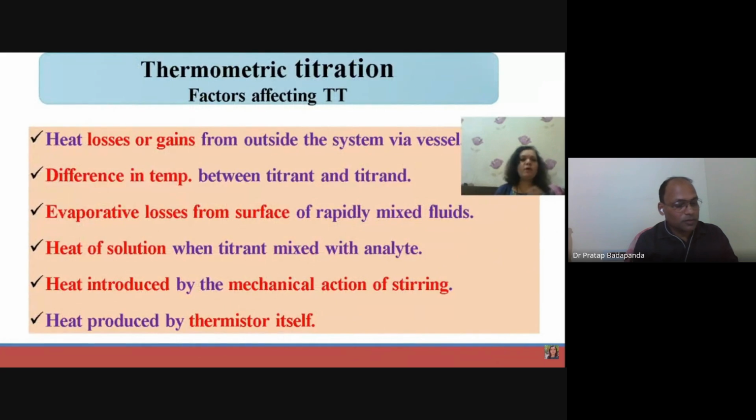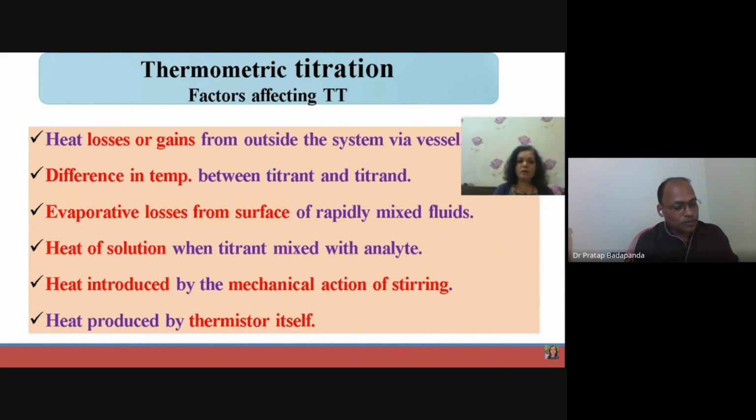Now, when I am performing this thermometric titration, which factors will affect my titration? Heat loss or gain from outside the system through the vessel, difference in temperature between titrant and titer, as the titrant is there in the burette and the titer or analyte is there in the adiabatic beaker. Evaporative loss from the surface of the fluids when I am mixing or when the stirrer has been utilized.